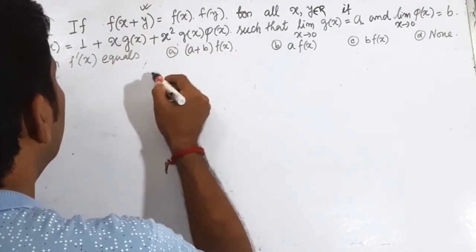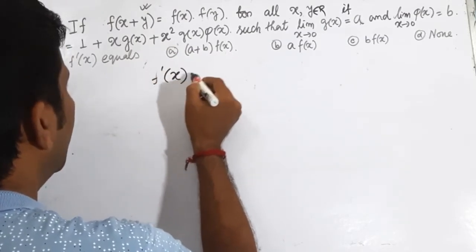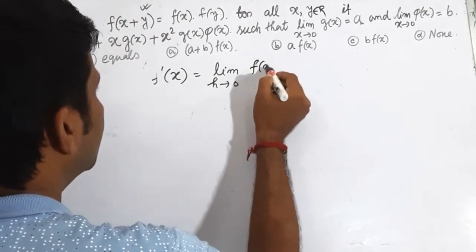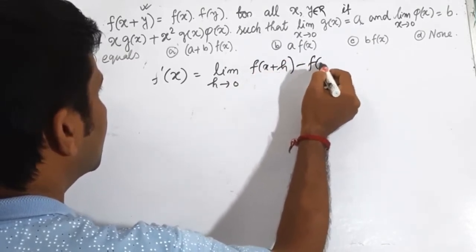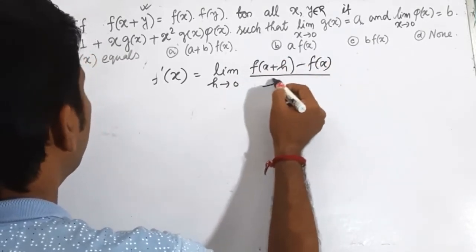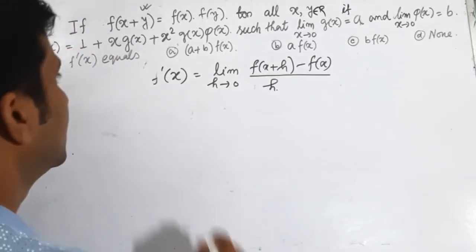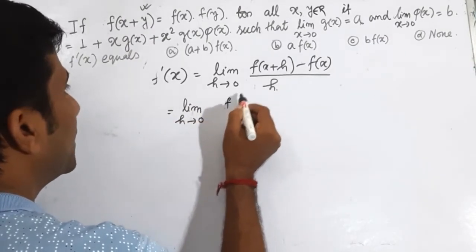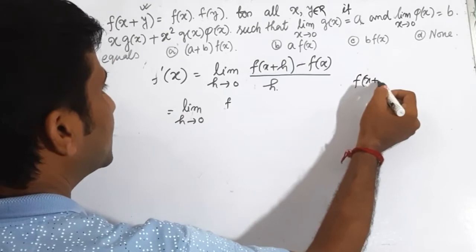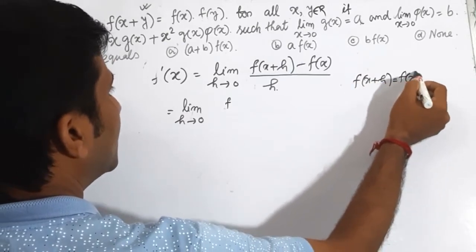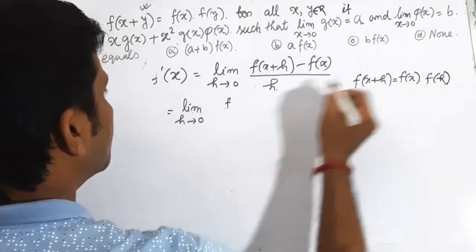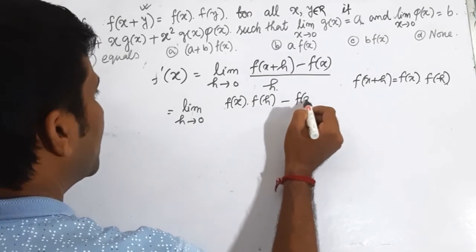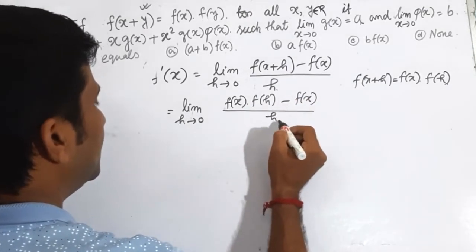What we have to do is f'(x), that means limit h tends to 0 of [f(x+h) − f(x)]/h. Then f(x+h) means f(x)·f(h), so we get [f(x)·f(h) − f(x)]/h.